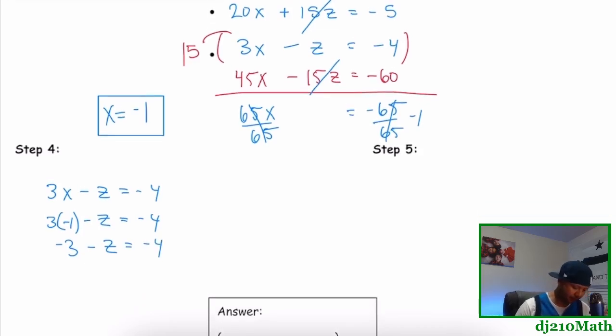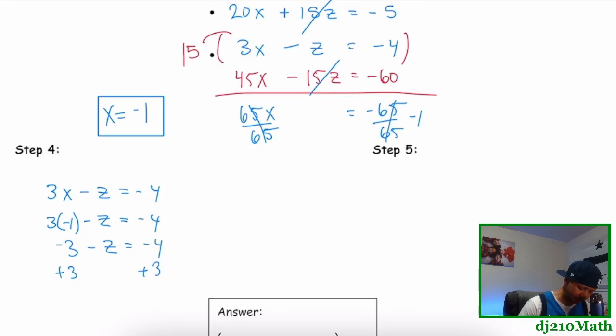Feel free to pause the video and work this out for sure. I'm adding 3 to both sides. So negative z is equal to negative 4 plus 3, which is negative 1. Well, I want just z, I don't want negative z, so I divide everything by negative 1. And z is equal to positive 1.